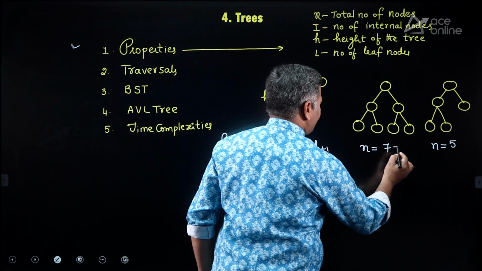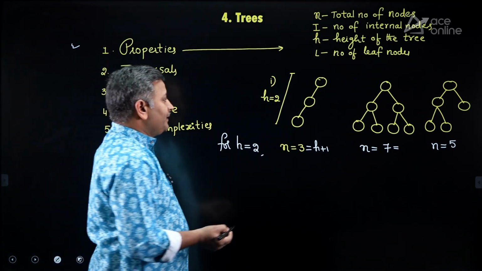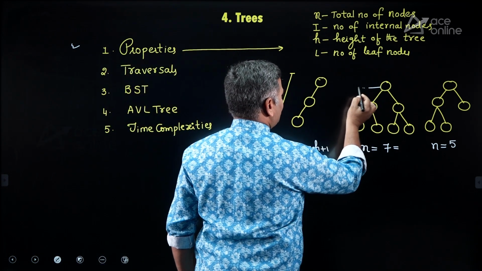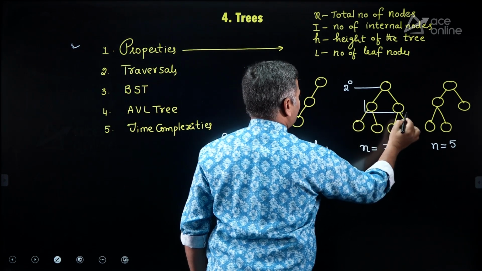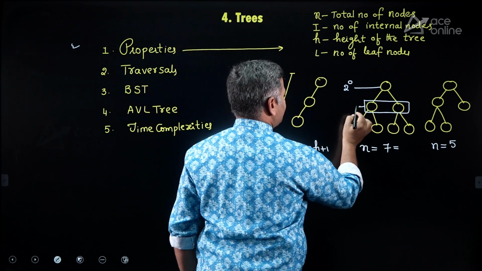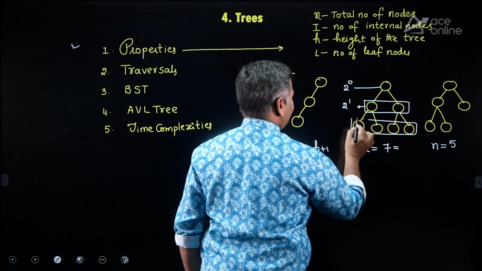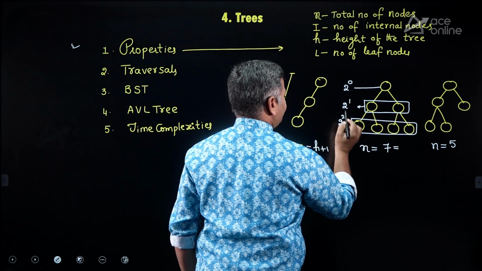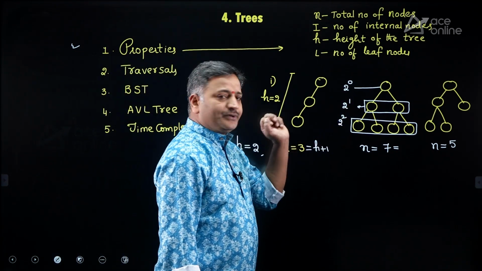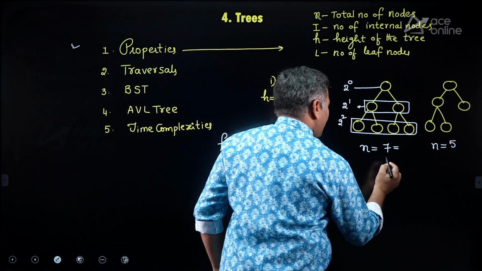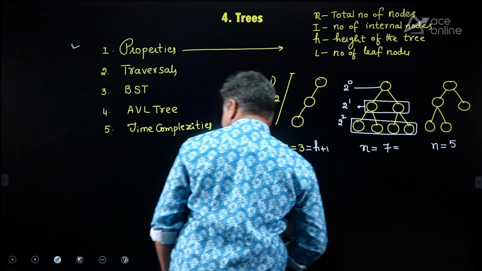Whereas for n equal to 7, we derived the formula in the classroom using a geometric progression. At the first level there is 1 node, which we can write as 2 power 0; at the next level there are 2 nodes, 2 power 1; and at this level there are 4 nodes, 2 power 2. Therefore the total number of nodes for h equal to 2 is 2 power 0 plus 2 power 1 plus 2 power 2.